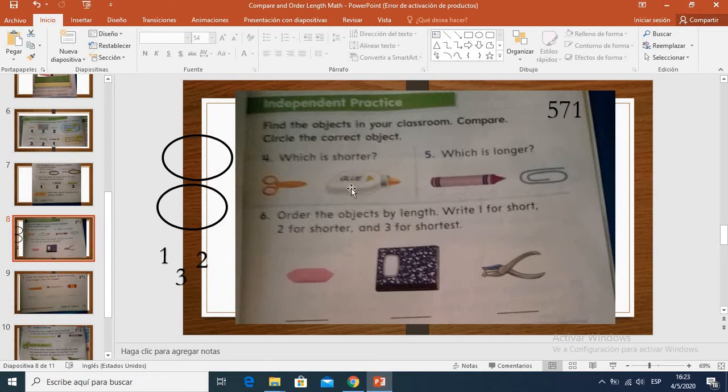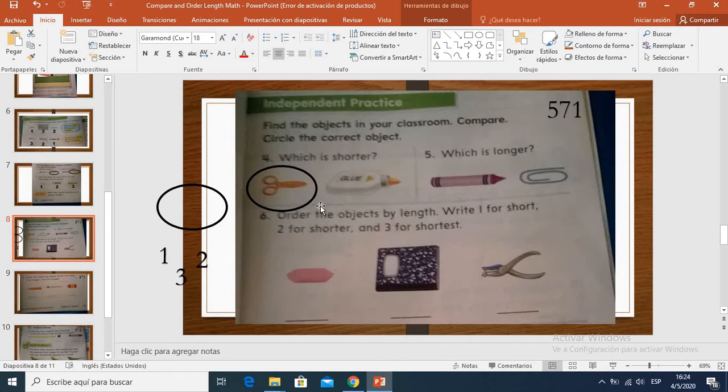Which object is shorter? We have a scissor and a bottle of glue. Okay, this is glue. So, which one is shorter? The scissor or the glue? The scissor, very good. So you circle the scissor. The scissor is shorter than the glue. Circle it with your pencil. Very good.